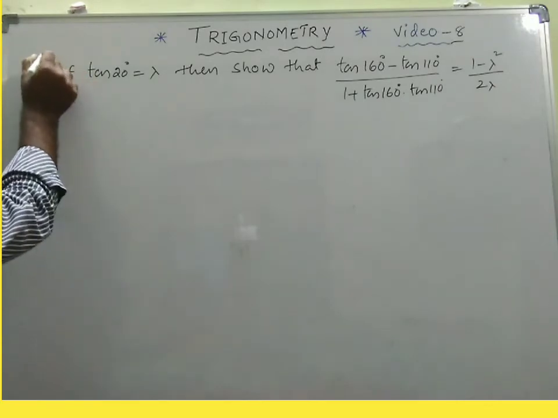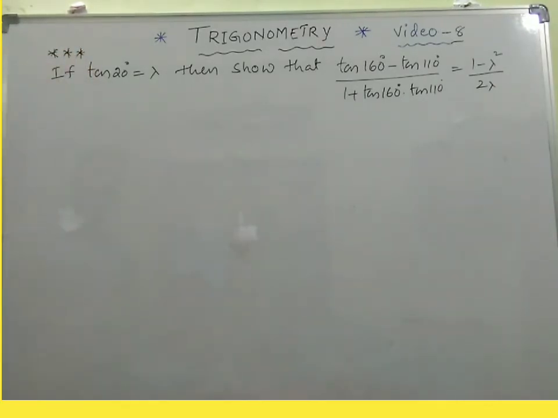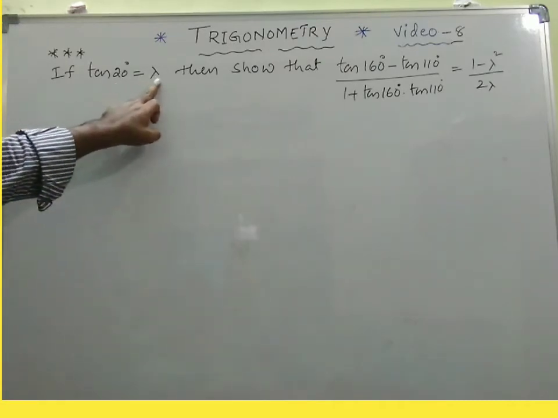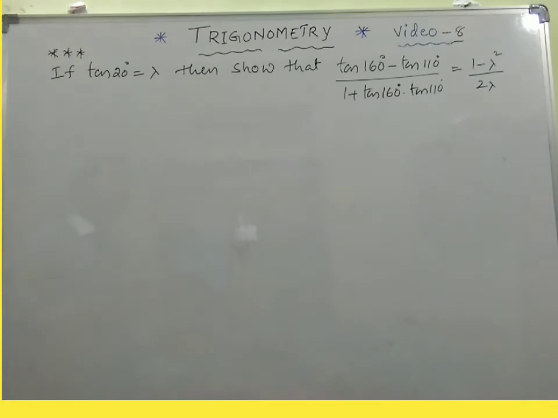So another beautiful problem, most important. If tan 20 degrees is equal to lambda, then show that (tan 160 minus tan 110) by (1 plus tan 160 degrees into tan 110 degrees) is equal to (1 minus lambda square) by 2 lambda.